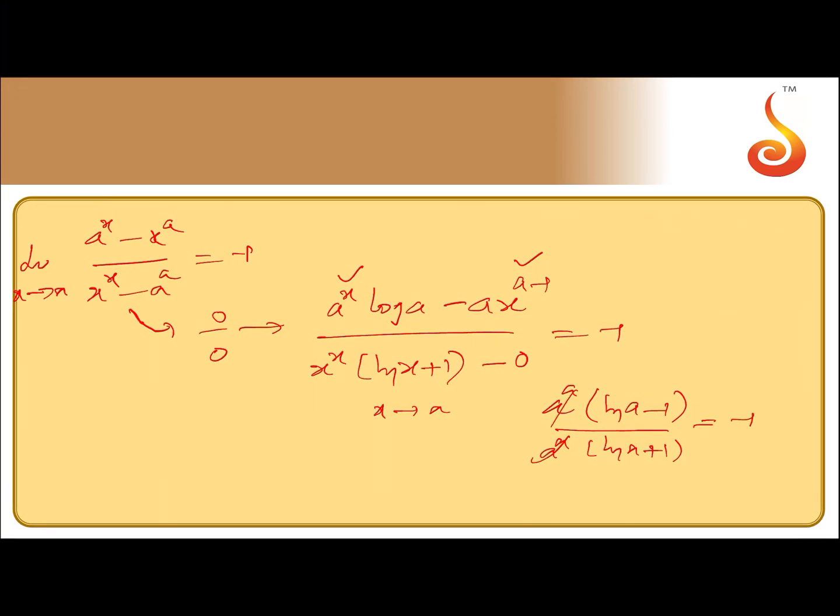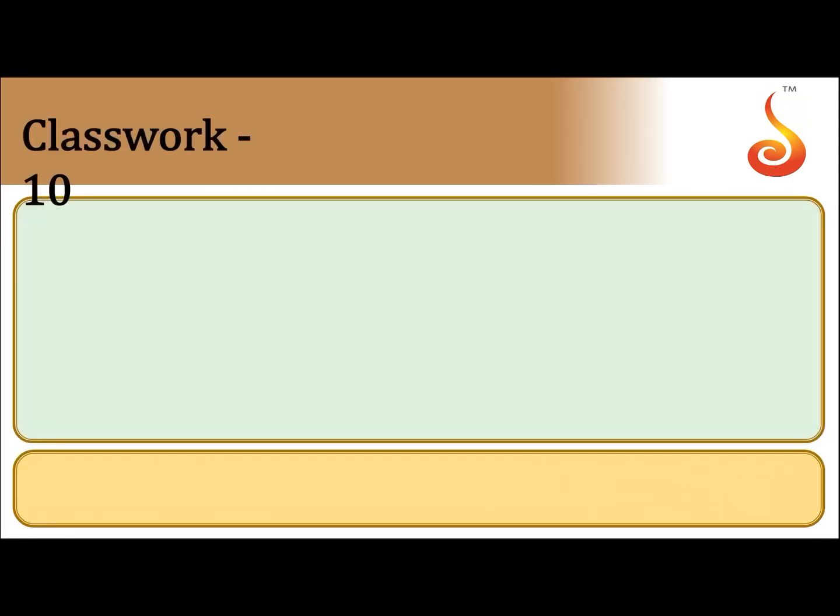Clearly you can see that a must be equal to e because log e is equal to 1, and thereby we get 1 minus 1. I think log a equals 1 would satisfy the result, (0 − 1)/(0 + 1), because log 1 is equal to 0. So the result is equal to −1. Therefore, the answer is a equals plus 1.